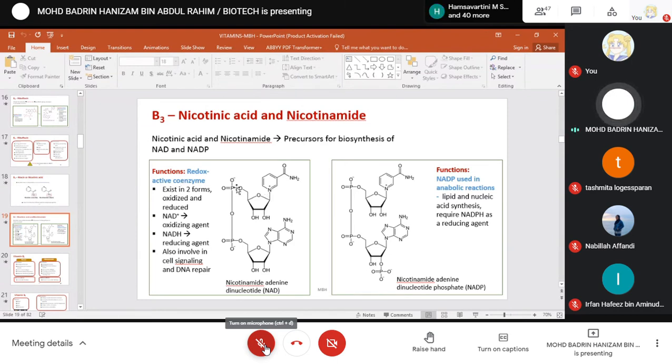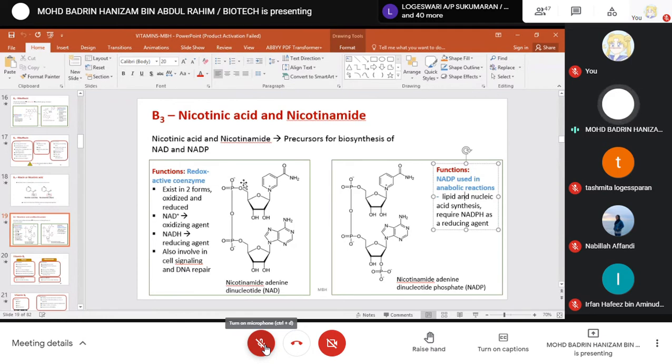They can exist in two forms, oxidized and reduced. NAD plus is the oxidizing agent, and NADH is the reducing agent, involved in cell signaling and DNA repair. For NADP, lipid and nucleic acid synthesis require NADPH as a reducing agent. So both are required for their redox, reducing and oxidizing properties.